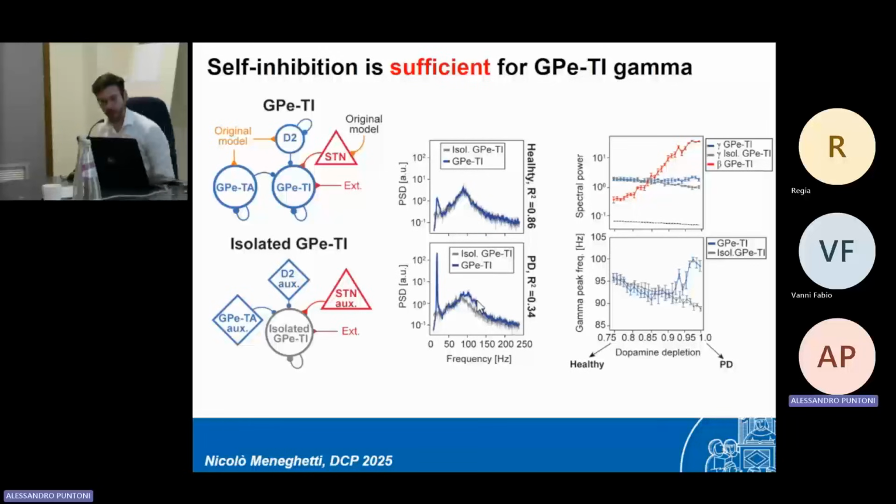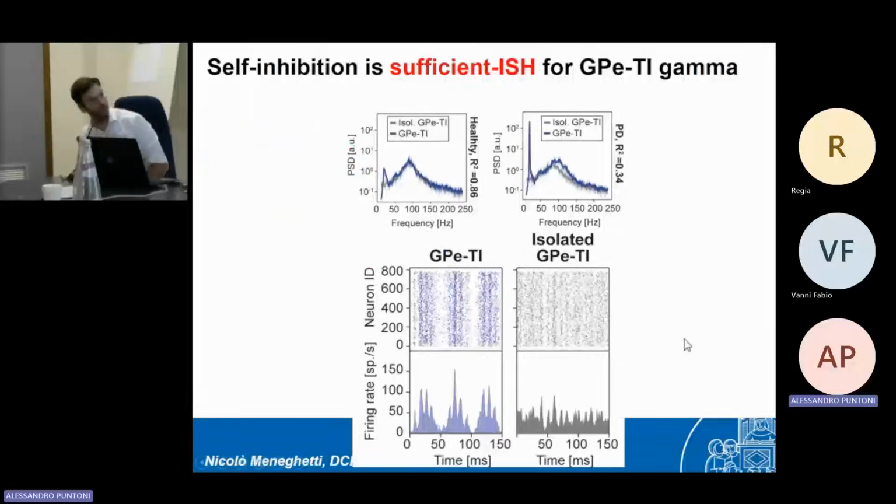And the difference, in my opinion, can be clearly appreciated when we take a look at the raster plot, because what's going on when we have a nucleus in isolation and interconnected nuclei? As I said, we have the emergence of beta oscillations, which comes from the interplay of different nuclei. And you can see that on the left, in blue, you have the beta oscillating cycles of the firing rate of this nucleus. And instead, here you have the scenario in which we have substituted it with the Poissonian inputs.